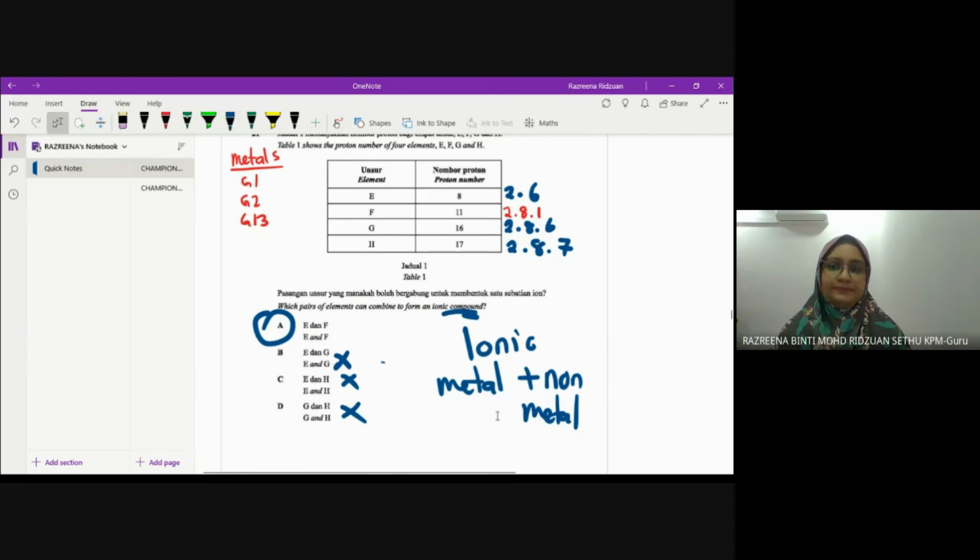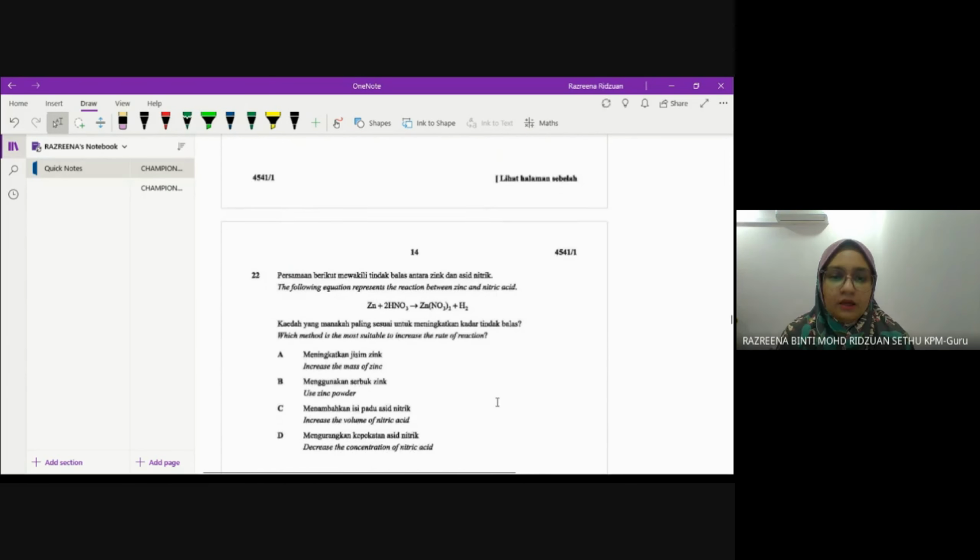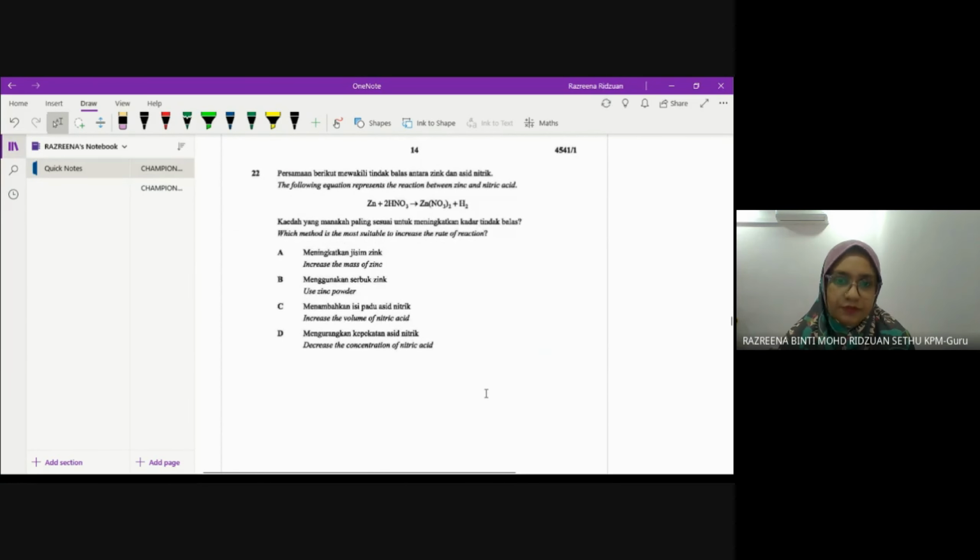Right, next. Question 22. The following equation represents the reaction between zinc and nitric acid. Which method is the most suitable to increase the rate of reaction? Remember the first 5 questions we have something similar. Increase the mass of zinc.